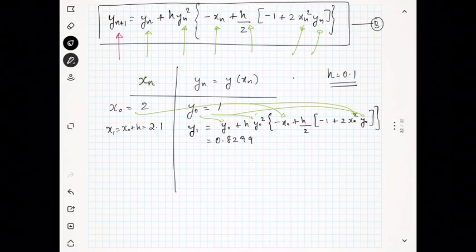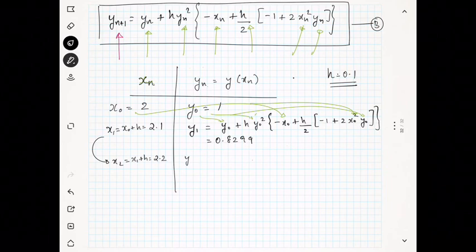So from y of x_n, you will be getting y_{n+1}, right? I think it is correct, please check the calculations. Now we will calculate x_2. What is x_2? x_2 is x_1 plus h, which is nothing but 2.2.